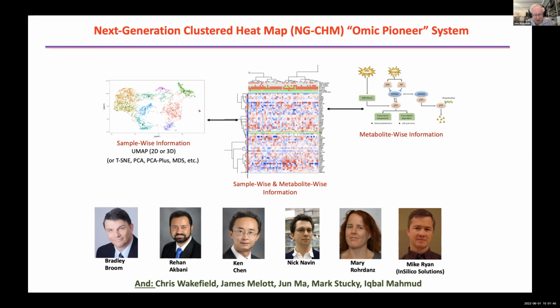I won't go through all the names of the people who have been seminal in producing this, but suffice it to say that if you find something that's of interest to you in a UMAP, you can then project it into the corresponding genes and samples in the heat map, and then into the information in the pathway.